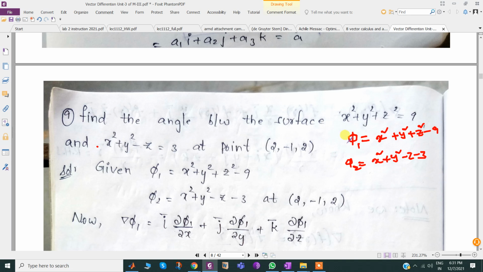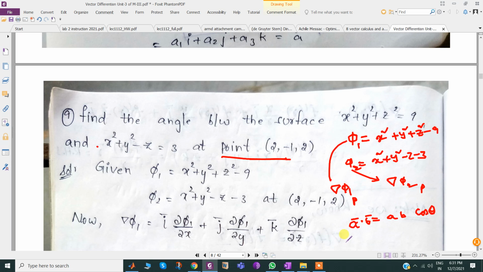Now for these two I have to calculate grad, so del phi 1 and del phi 2. These two surfaces are intersecting at a particular point P. Then the dot product, a bar dot b bar, we studied in the last class, equals a times b times cosine of the angle between them.